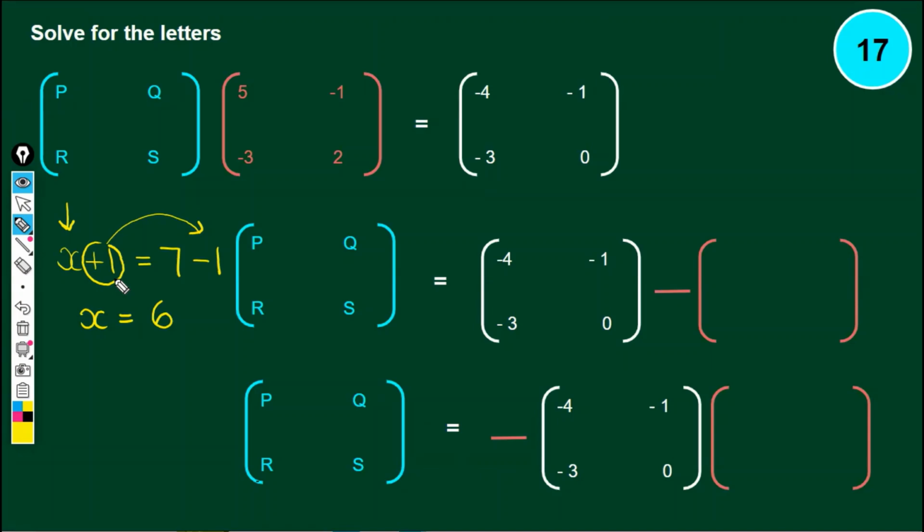So why should it be any different for a matrices question? If we are trying to solve for P, Q, R, and S, and those are the letters that we're trying to solve for, shouldn't we keep those letters on one side and throw everybody else on the other side?